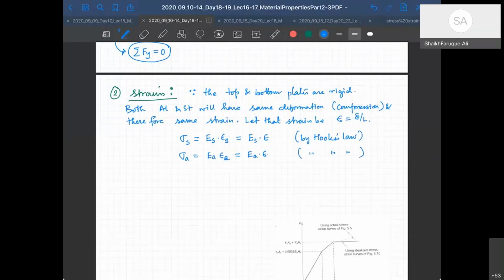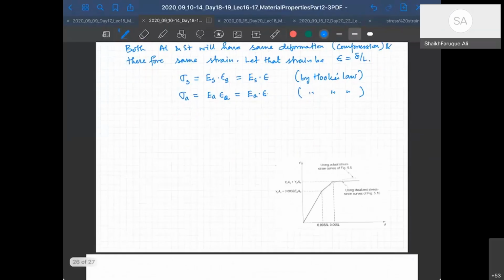Okay, and then I can combine these two and substitute in the equilibrium equation. What are we going to get? The equilibrium equation is sigma s into As plus sigma A into Aa is equal to P.